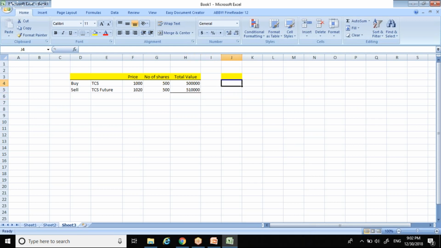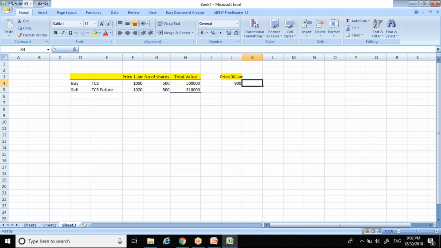Now, let's say the price on 1st Jan was this, and on 30th Jan, let's suppose the price goes down to 900. Then in this situation, you will have losses, obviously.